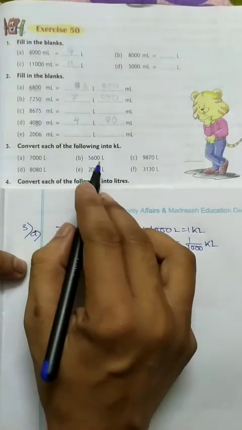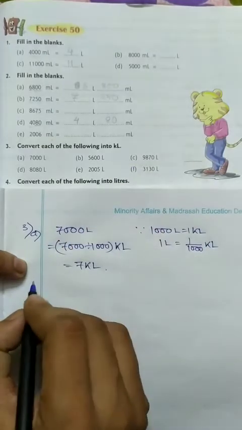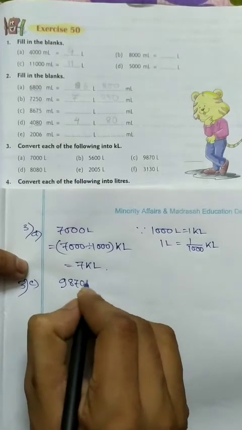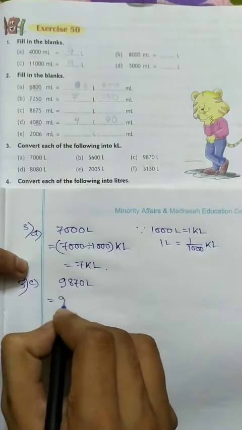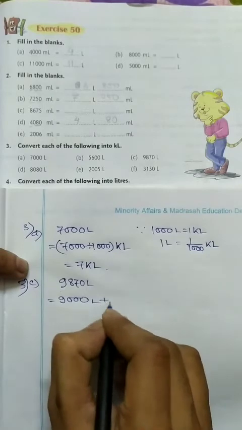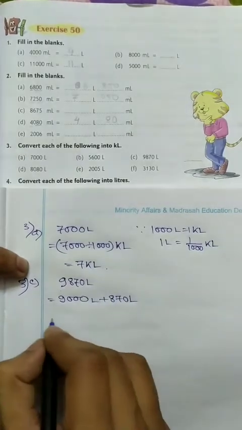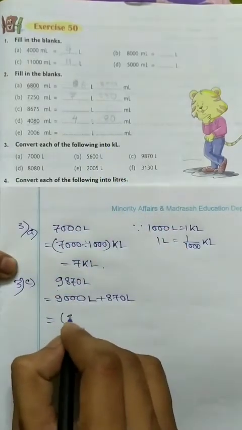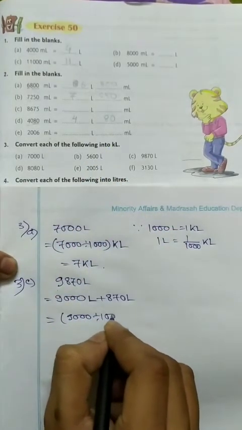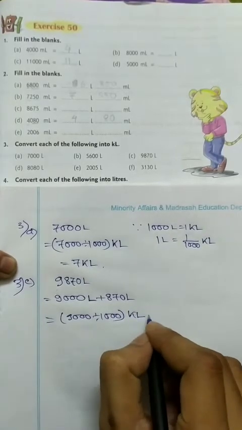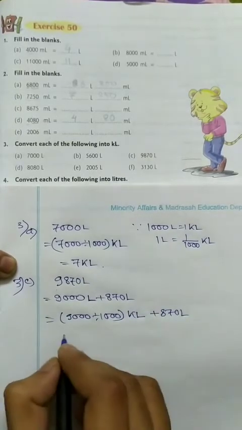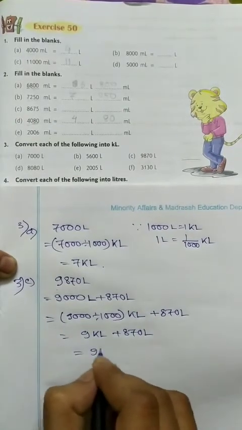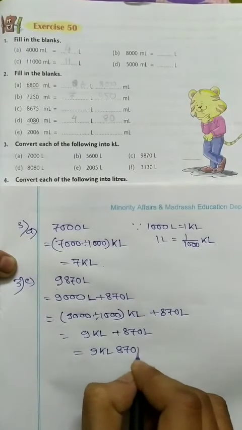Now see question number C, 9870 liter. Separating, we have 9000 liter plus 870 liter. When we convert liter to kiloliter, we divide by 1000, plus 870 liter, that is we have 9 kiloliter plus 870 liter, that is 9 kiloliter 870 liter.